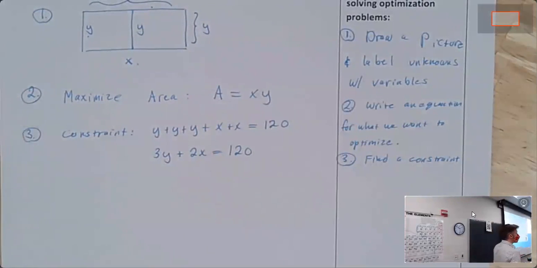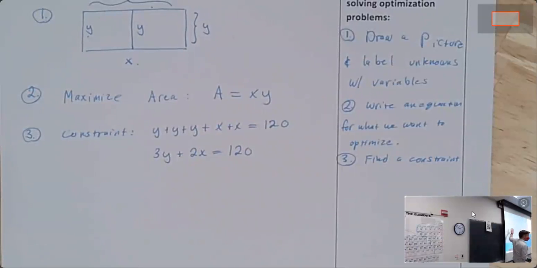Here's something I've noticed over the years that I think is worth remembering. The thing you're trying to optimize should never actually equal a number, because you don't know what the most is, right? We're trying to find what the maximum area is, so we don't know what it is. So you should never be setting the area equation equal to a number.